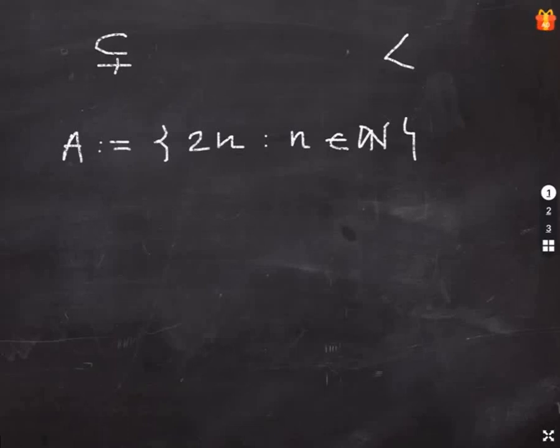And let's consider B to be the set of 2n plus 1, such that, of course, n is a natural number. And this is going to be the set of odd natural numbers. So neither set is a subset of the other one. And that's the reason we say that sets are only partially ordered, but natural numbers are totally ordered.